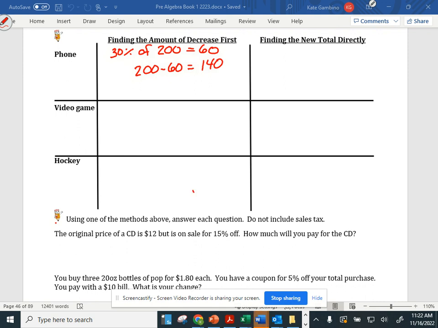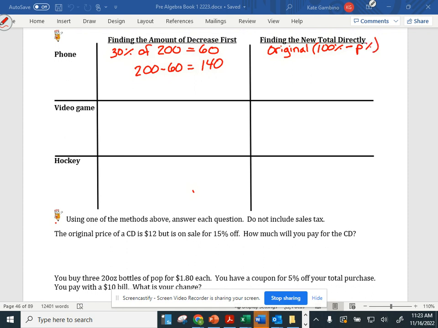If we're doing the original, remember it's the original times 100% plus your new percent, not plus. This time, because it's a decrease, we're going to minus that new percent.